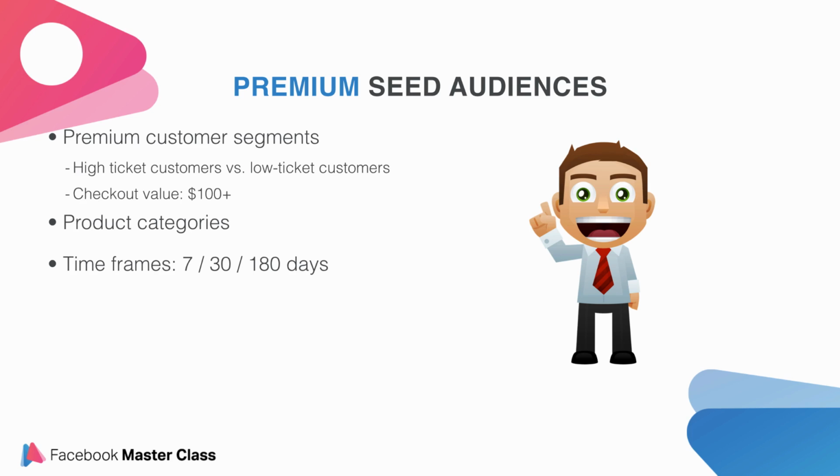So again, it's not only about the quantity, it's also about the quality. So test that. It's something that only very few advertisers are doing, but trust me, you will see different results.